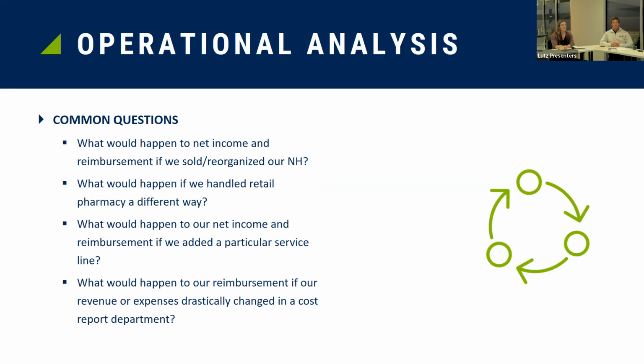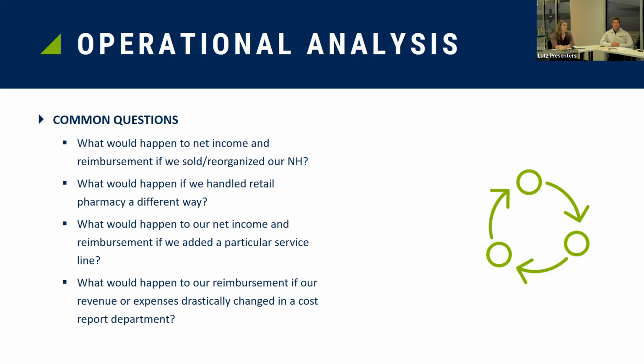So depending on the available options to a particular facility, what they're looking at for their agreements, we can run a projection using that cost report tool, or anyone can with that cost report tool, to see what would happen and how reimbursement would change if that nursing home was no longer on the Medicare cost report.